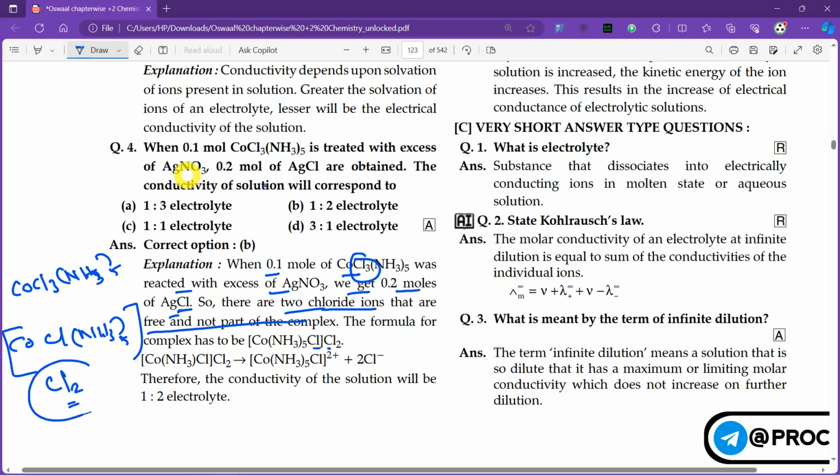The chloride ions which are present outside are responsible for the AgCl precipitate, right? So the conductivity of the solution will be 1:2 electrolyte. Got it? 1:2 electrolyte.